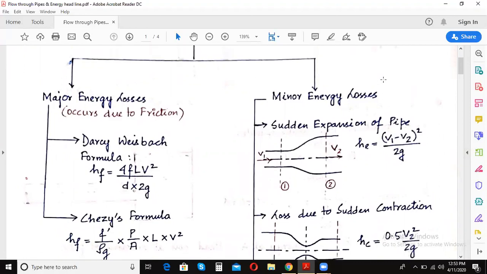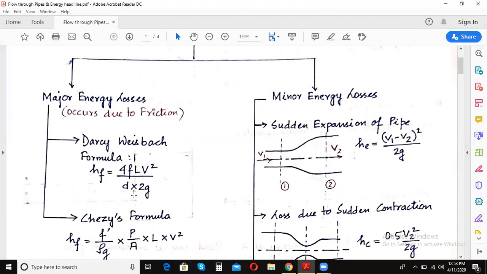So let's see what the Darcy-Weisbach formula says. The loss of head in pipes due to friction by the Darcy-Weisbach formula is given by this equation, where hf denotes the loss of head, which is equal to 4fLV² divided by D into 2g.